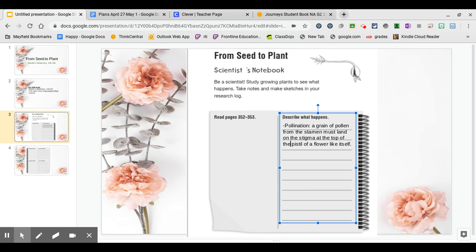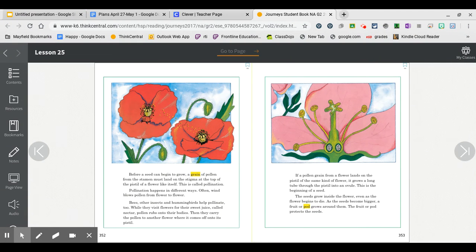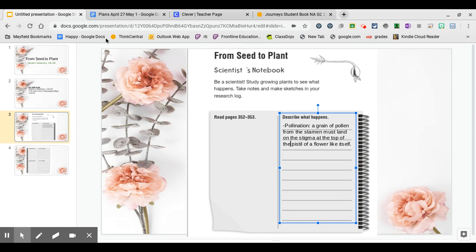So here we have taken words out of our book to tell us what pollination is. The rest of page 352 goes on to talk about how pollination happens in different ways. Often wind blows pollen from flower to flower. Bees, other insects, and hummingbirds help pollinate too. All right, so now we see that another important thing is how pollination happens.